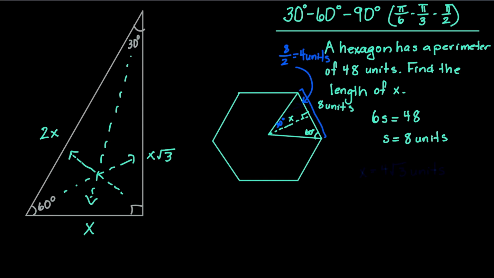Mistakes are okay as long as you correct them. So I know my side across from 30 is 4 units. That means that my bisector, or the x that I'm looking for, is 4 times radical 3 units.